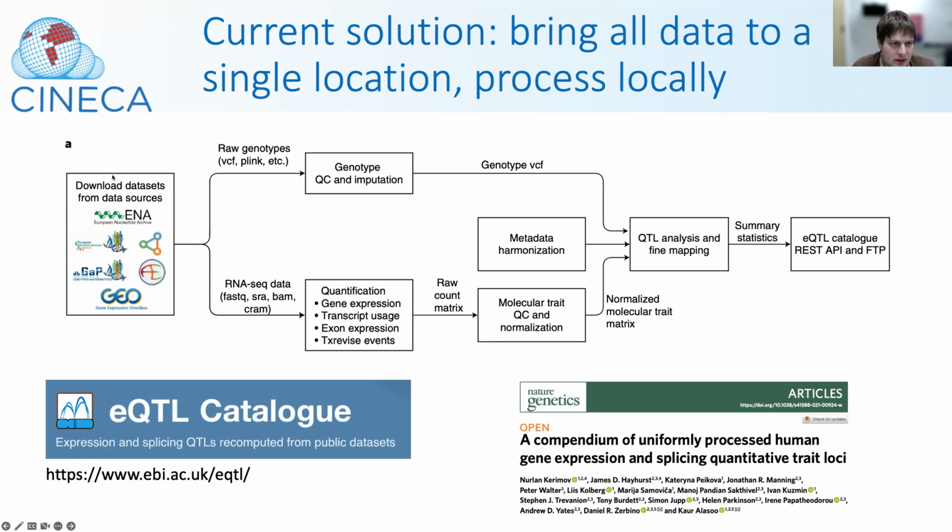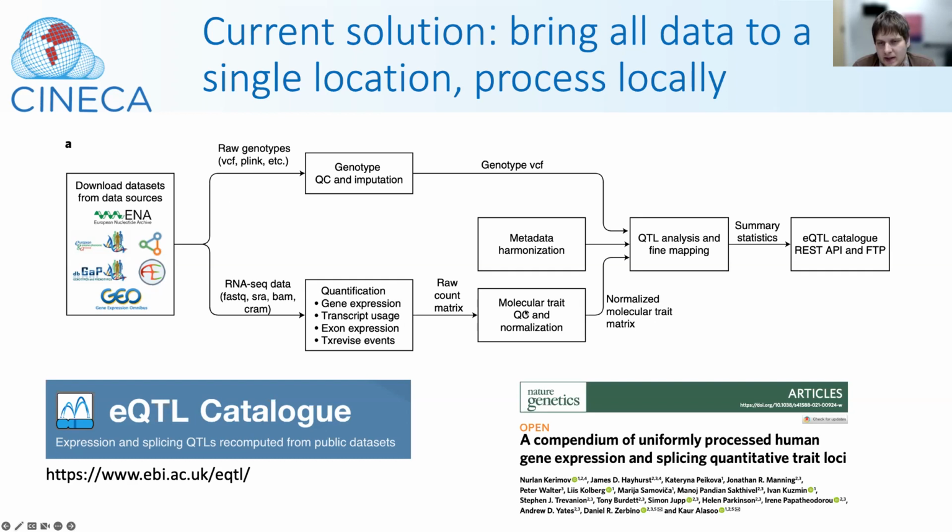So we start by identifying where the data are located. So they are typically in EGA or dbGaP or other databases, either controlled access or open access. Most of them are controlled access.